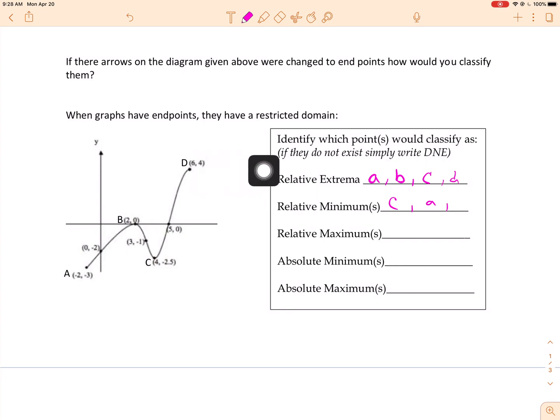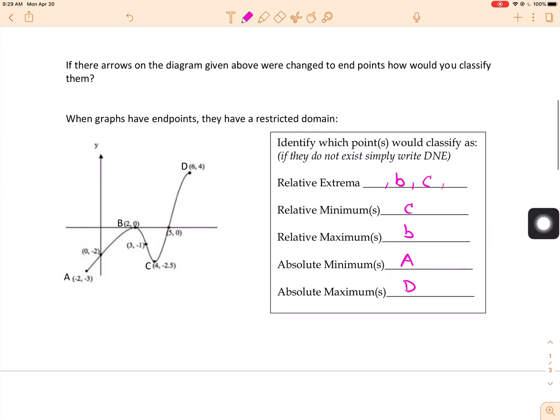Is D a relative extrema? Well, is it a turning point where it goes from positive to negative? Not really, so should we be including it there? I'm going to say no. Okay, so I'm going to say the only relative where we change from positive to negative, relative min, is going to be point C. And the relative max, point B. Now the absolute minimum, what's the lowest point on the graph? That's point A. And what's the highest point though? That's point D.